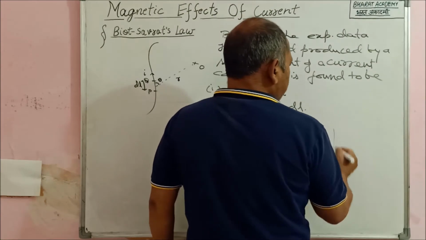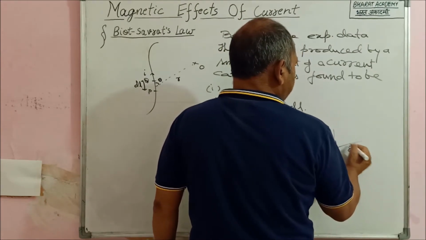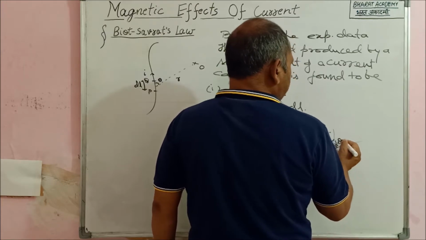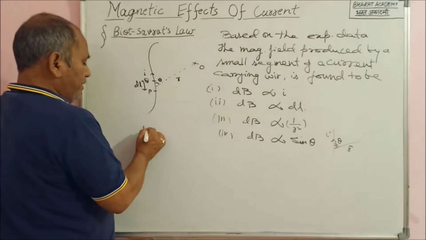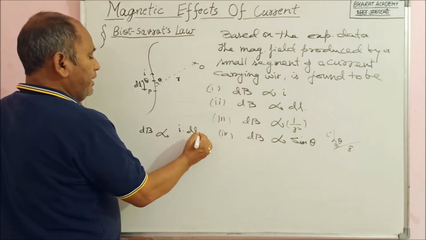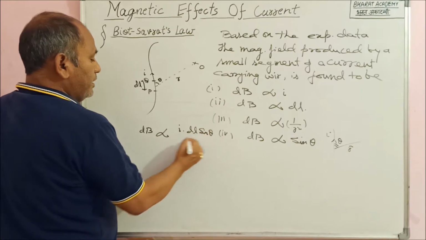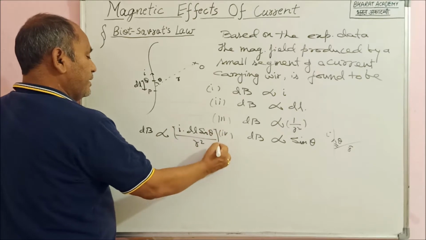Remember this fact, current and the radial vector r. This is theta, right? If you sum it up, what will we get? dB is directly proportional to I dl sine theta by r square, right?